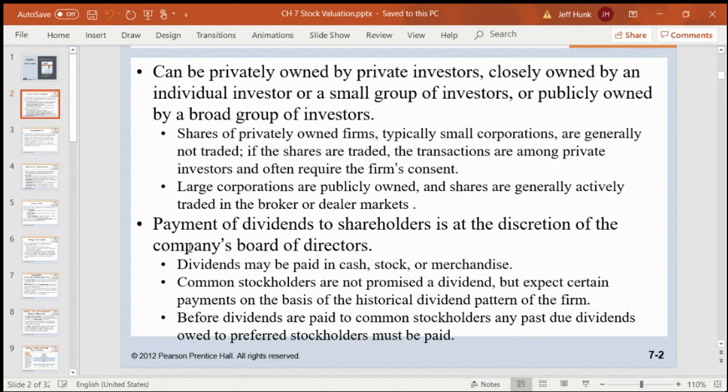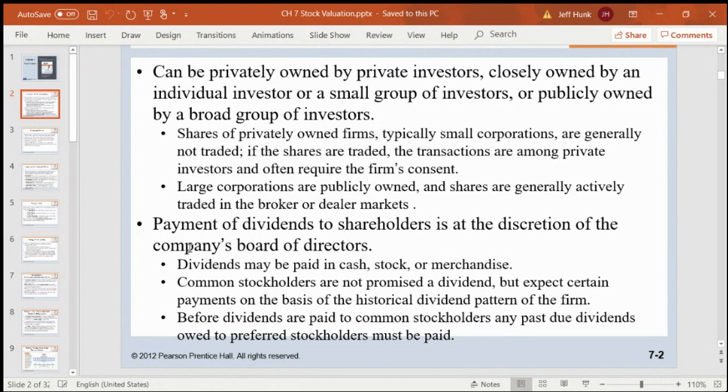So what did I say? This company in our example has $10 million in equity, which is represented by 1 million shares outstanding, because the price is $10 per share.